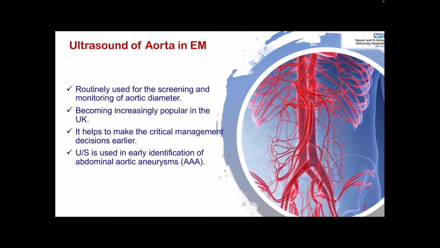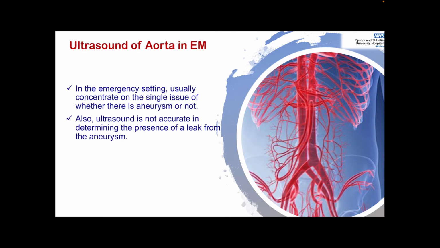It helps us to make critical management decisions earlier, and it is used in the early identification of abdominal aortic aneurysm. In the emergency setting, we need to concentrate on the most important thing with the aorta: whether or not there is an abdominal aortic aneurysm.